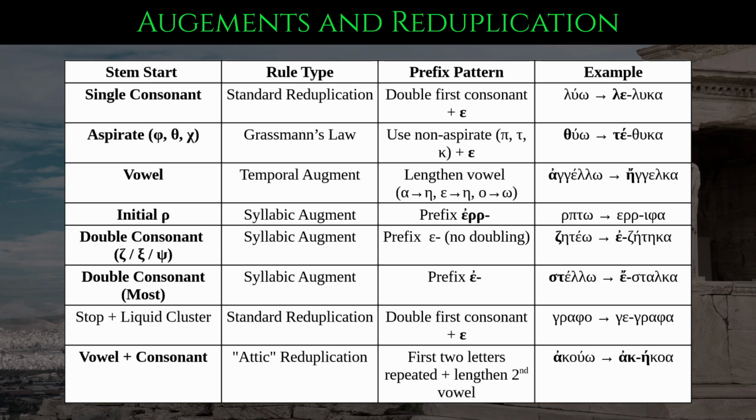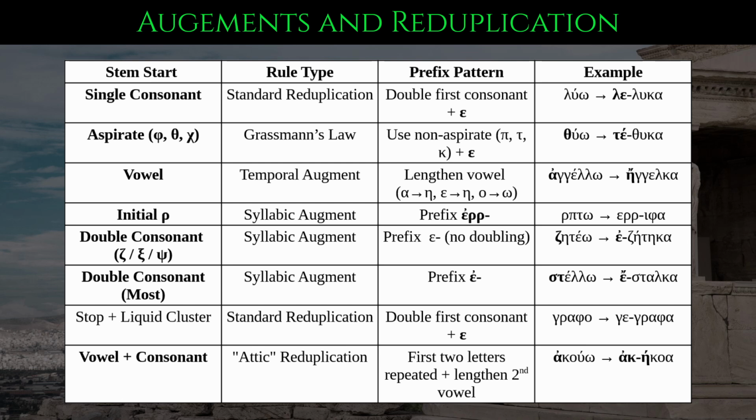Next, we have aspirates. Those are the sounds P, T, and K. Again, they have a H sound right after the initial T, P, and K. Here, remember the Cressman's law, which says there can't be 2 consecutive syllables that have both an initial aspirate.